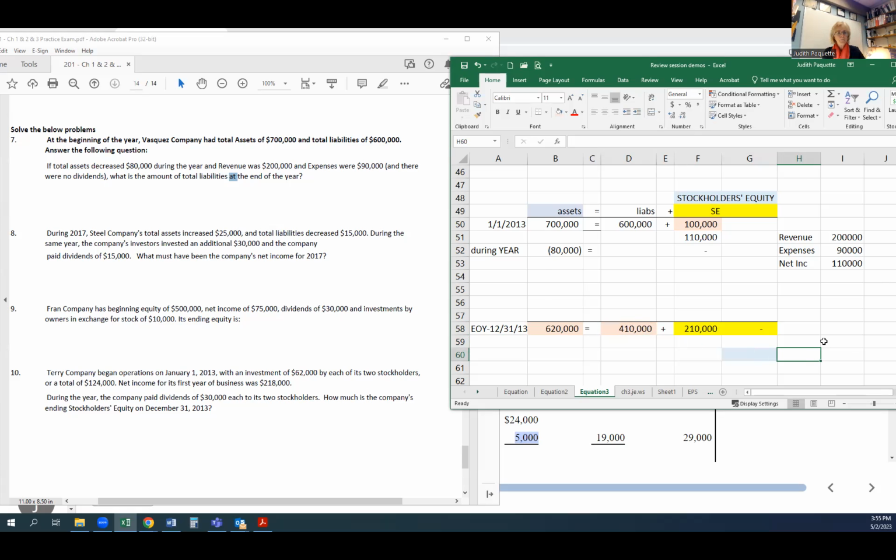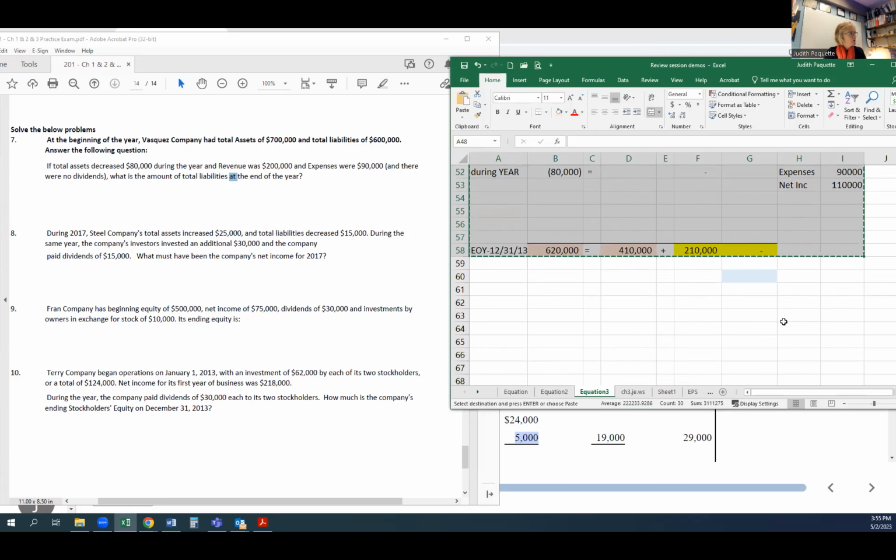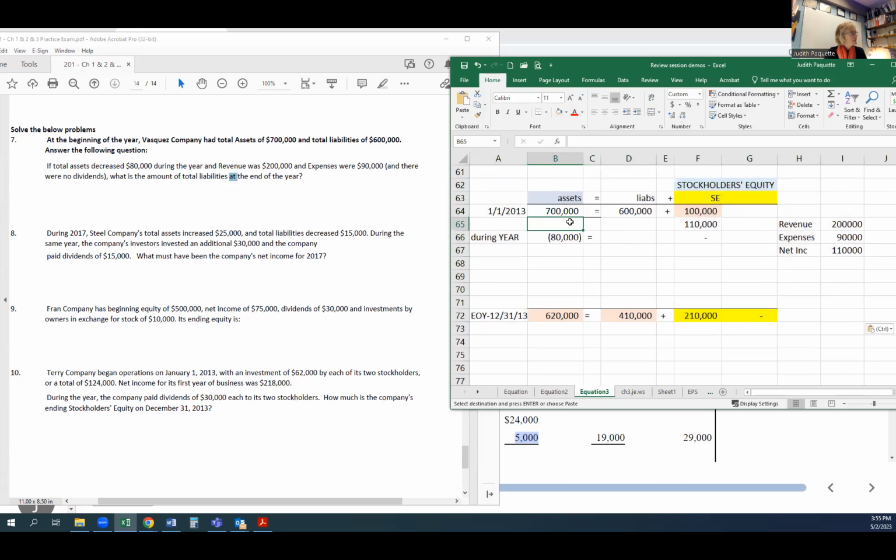Questions on that? Okay, number 8, we can use the same sort of worksheet. We're going to get rid of our numbers because we have new data, right?